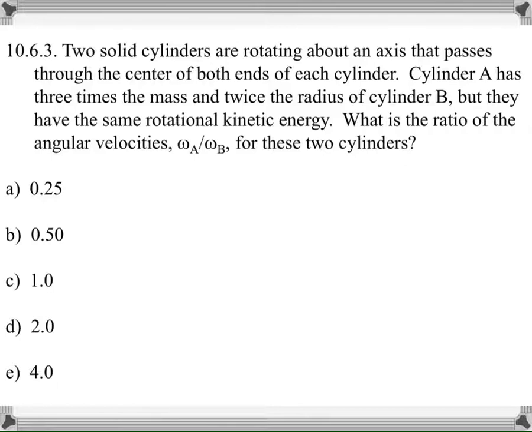You can express the cylinder A quantities in terms of the cylinder B then. Let's think of the mass of the cylinder A. The cylinder A has 3 times the mass of the cylinder B. So MA is 3 times MB then. And the cylinder A has twice the radius of the cylinder B. RA is 2 times RB.